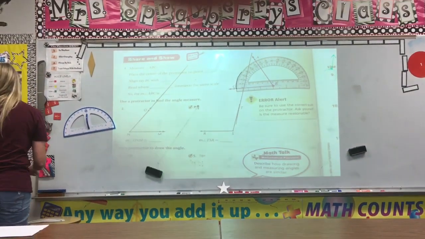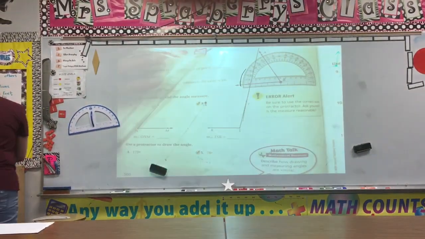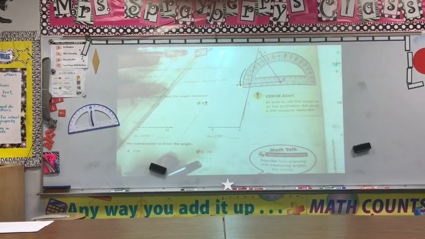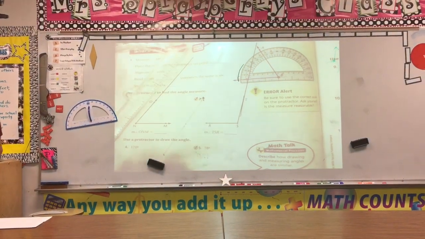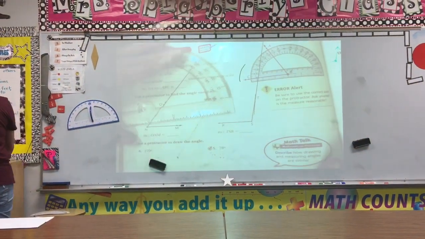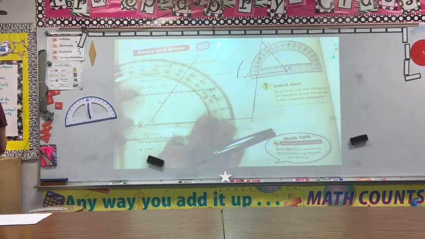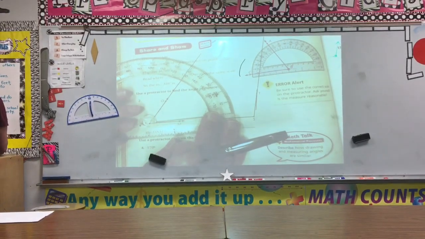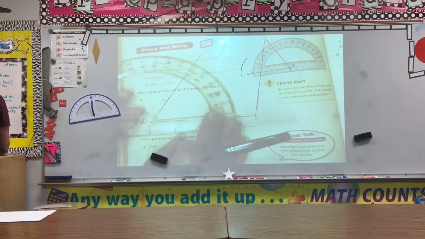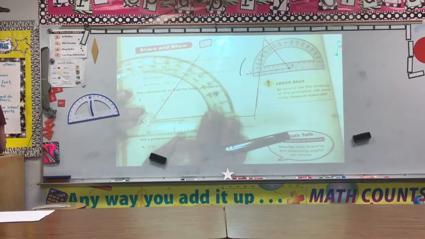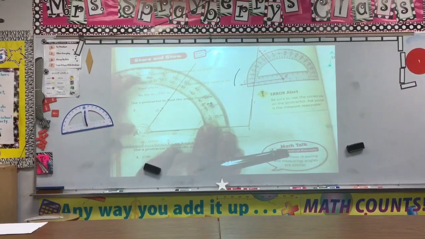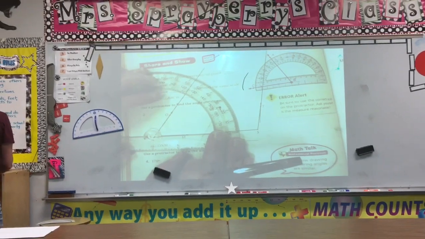So what I've done is with the edge of my protractor, I've extended the line so it'll make it easier to read. I'm going to put my vertex on N and try to align the guideline as best as you can.